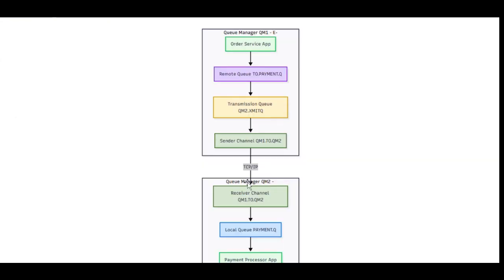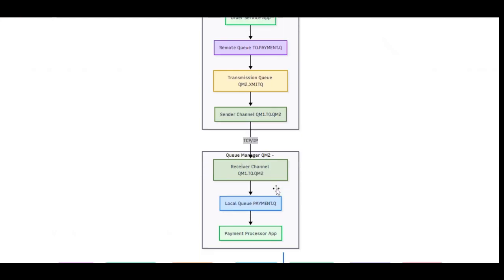So how are the messages routed? There are two queue managers, queue manager 1 and queue manager 2. So order service application puts the messages in the remote queue. Remote queue will send it to the transmission queue, and the transmission queue uses the sender channel to transmit the messages over TCP IP to queue manager 2.